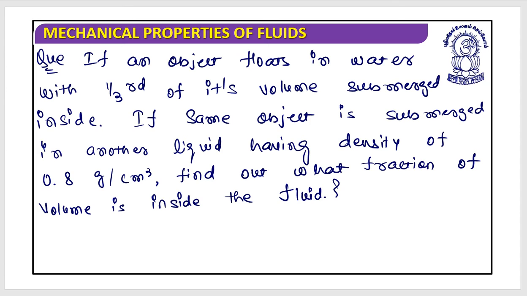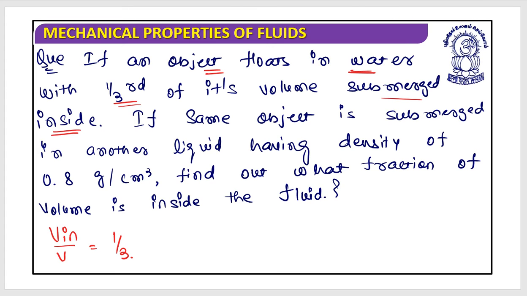How will you do this? So first look at the data. What did they all say? The data said that if an object floats in water with one third of its volume submerged inside the liquid, so V in by V equals 1 by 3.